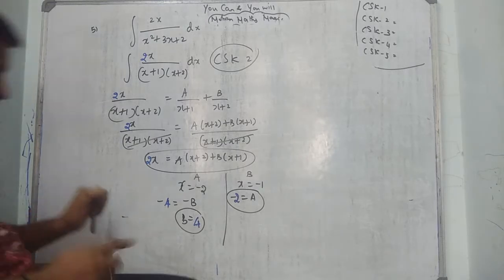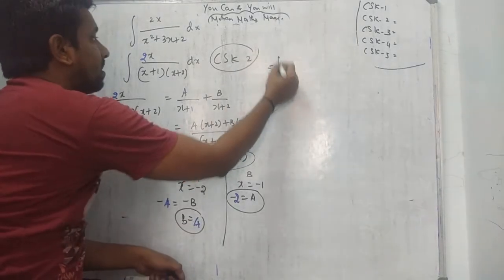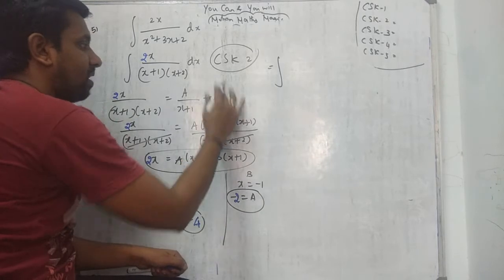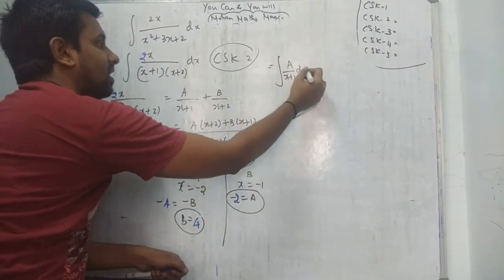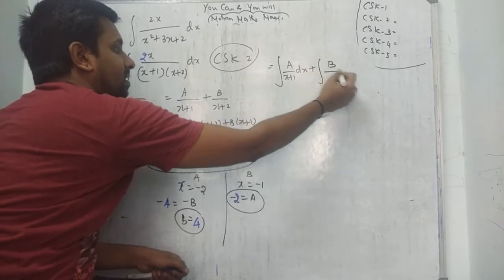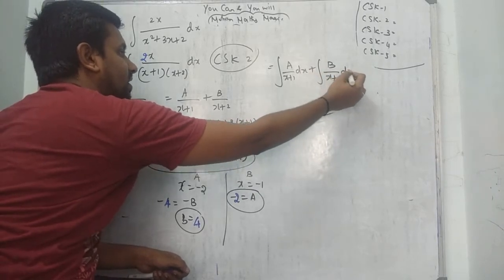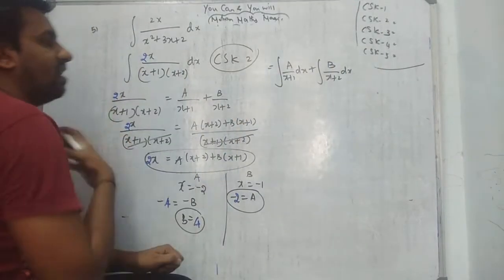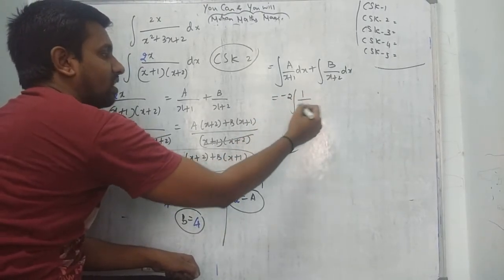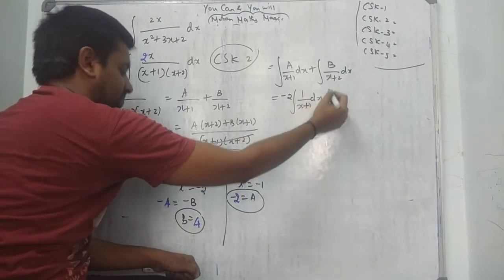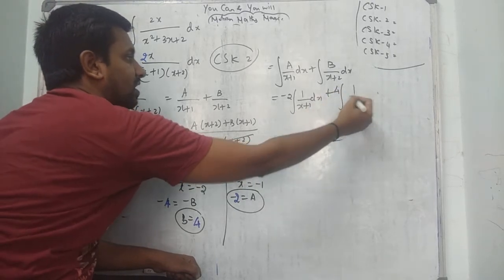Now substitute the A and B in the integrations. Therefore integration A upon x plus 1 dx, integration B upon x plus 2 dx. Don't make the careless mistake which I made. A has value minus 2, substitute and take it outside. B has value 4, substitute and take it outside.